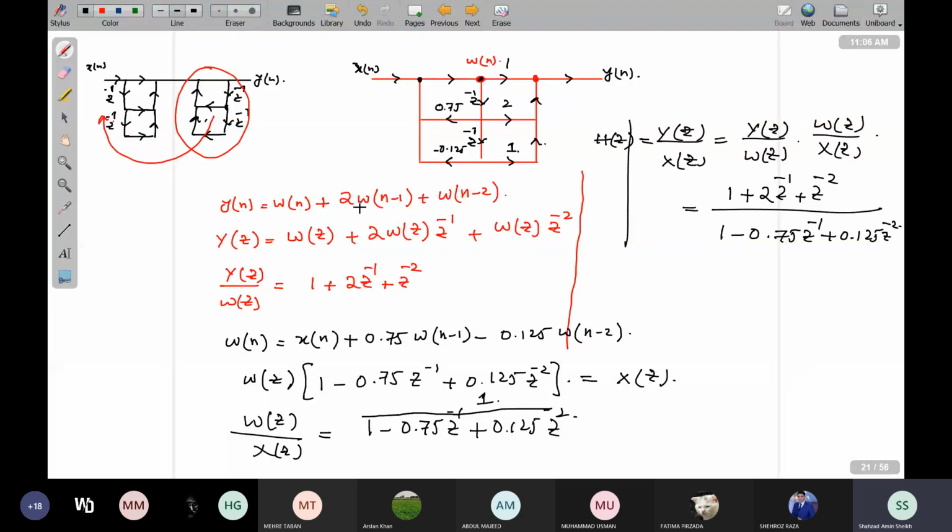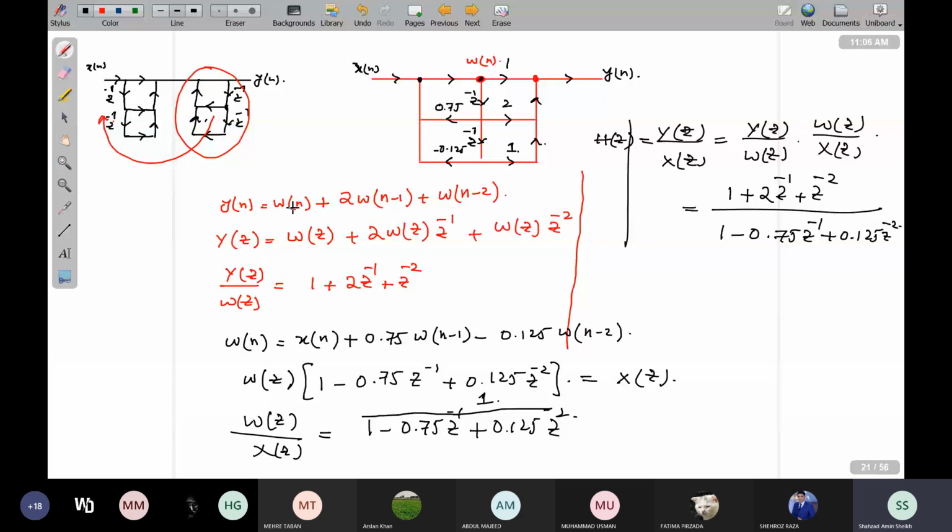So it is plus 2 w of n minus 1, and then this w of n minus 1 is going down, and it is giving us w of n minus 2 and being added to this. So that's my feed forward portion. y of n is equal to w of n plus 2 w of n minus 1 plus w of n minus 2, and take the z transform of that.